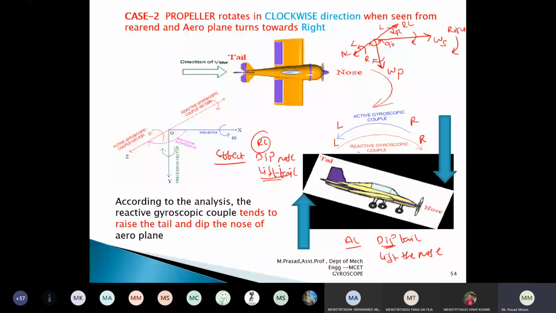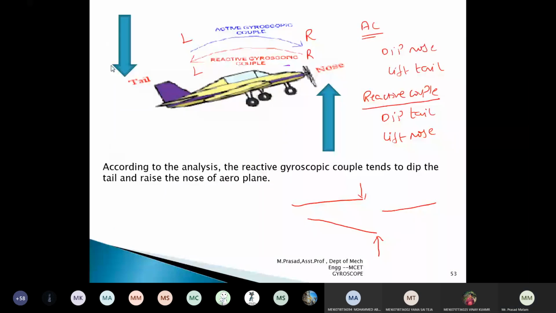So in the aeroplane, I have completed two cases: clockwise rotor taking a left turn, and clockwise rotor taking a right turn. Case 1, case 2. In case 1, what is the answer I am getting? Sorry, the reaction couple I have to consider. The answer is dip the tail and lift the nose.